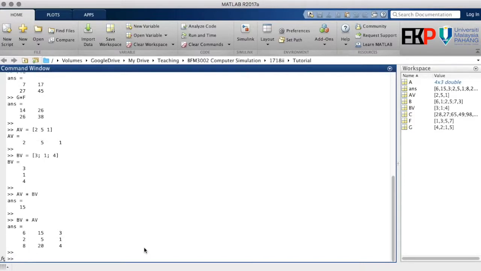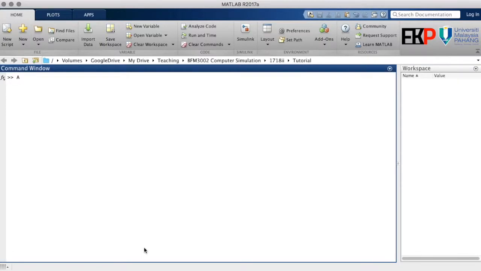Now another example is, let's say we have a matrix A that is equal to this. So this is our 3 by 4 matrix A, and say we define a variable B that is equal to 3.